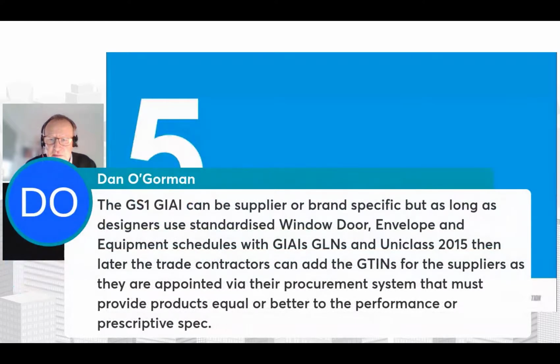Super. We've had a few more questions in the last few minutes, so thank you to Dan. Dan says the GS1 GIAI can be supplier or brand specific, but as long as designers use standardized window, door, envelope and equipment schedules and Uniclass 2015, then later the trade contractors can add the GTINs for the suppliers as they are appointed via their procurement system, that must provide products equal or better to the performance of the prescriptive specification.